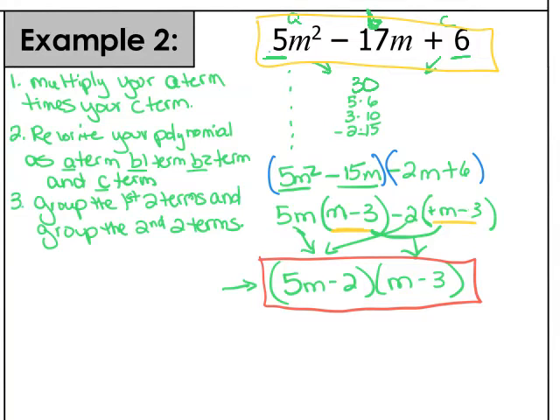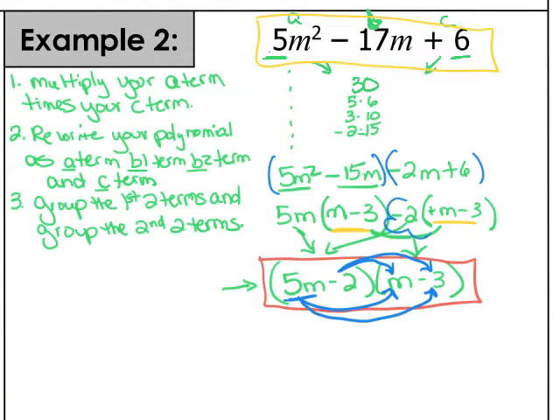Well, let's say I start with this set of binomials and I wanted to multiply. What would I do? I would distribute the 5m to the m and distribute the 5m to the negative 3. And I would distribute the negative 2 to the m, and I would distribute the negative 2 to the negative 3.